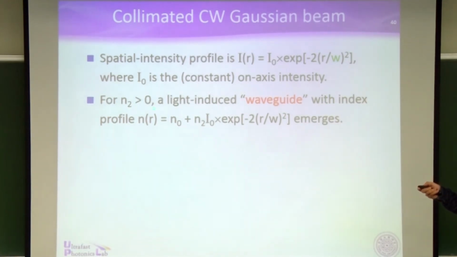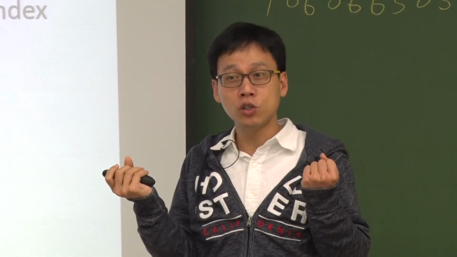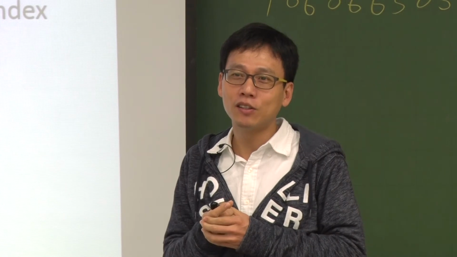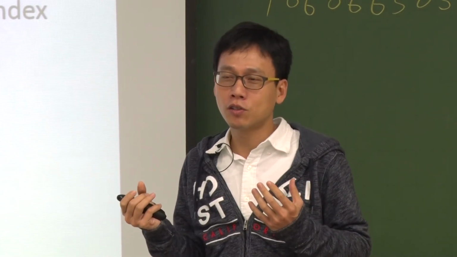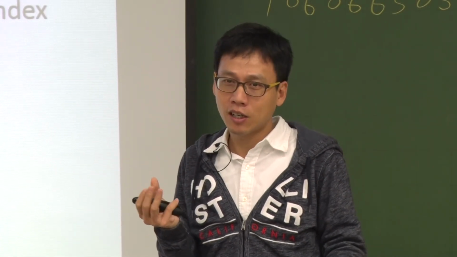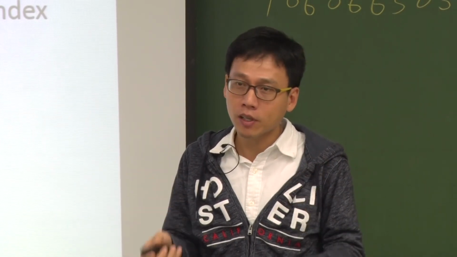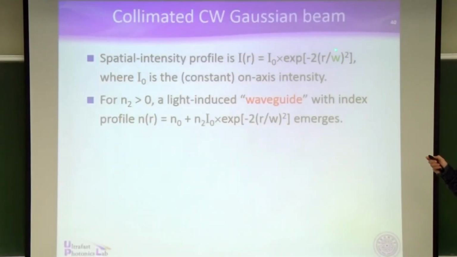So the stronger the index, the stronger the guiding effect. And the guiding effect means the capability to reduce your beam size. 你有一个波导，先天上它就是会把电磁场局限在一个小范围。这个波导如果越强，它是不是局限的能力越强？它就会把你的电磁场分布压缩的越小。So intuitively, you will see a smaller w beam radius when the light intensity is stronger, right?